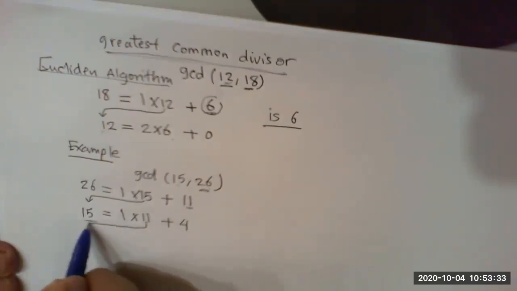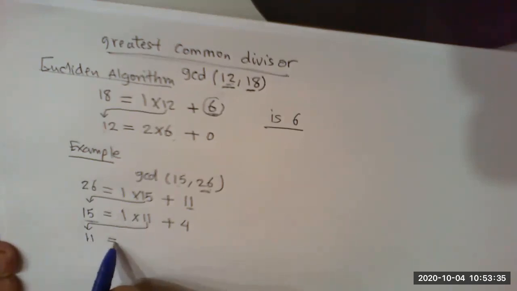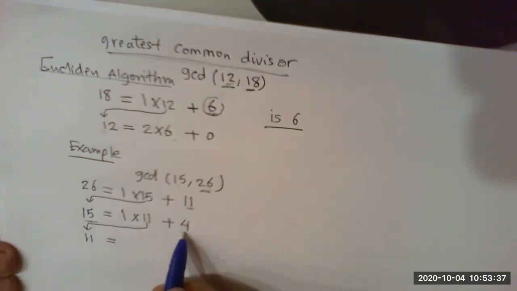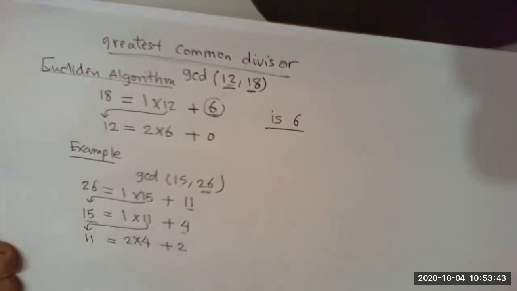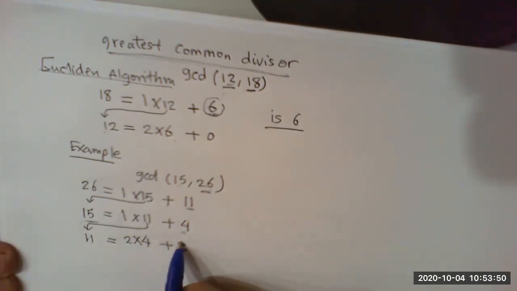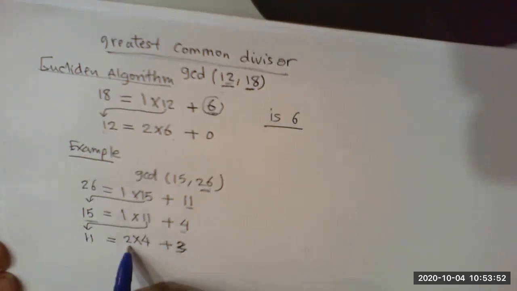Again, I take 11 here, and I see 11 is how much of 4? It is 2 times 4 plus 3. So 2 times 4 is 8, plus 3 equals 11.